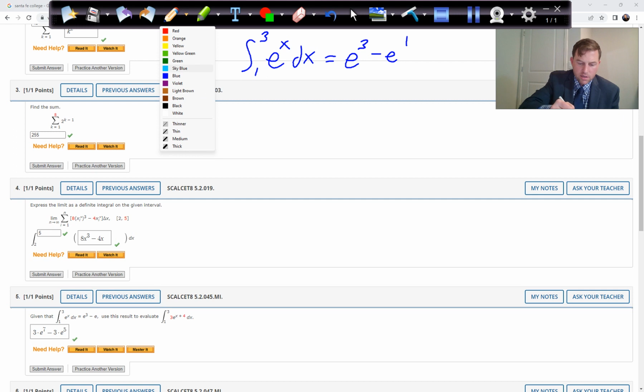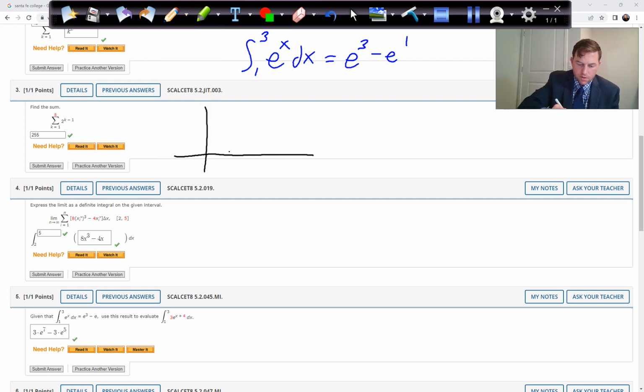So basically we have the exponential curve from 1 to 3. The exponential curve starts at 1 and it quickly rises up like that. So we are finding the area between 1 and 3, and we're finding an infinite number of rectangles underneath this, so we're getting this exact area. That is what this is saying. And the answer is right here.